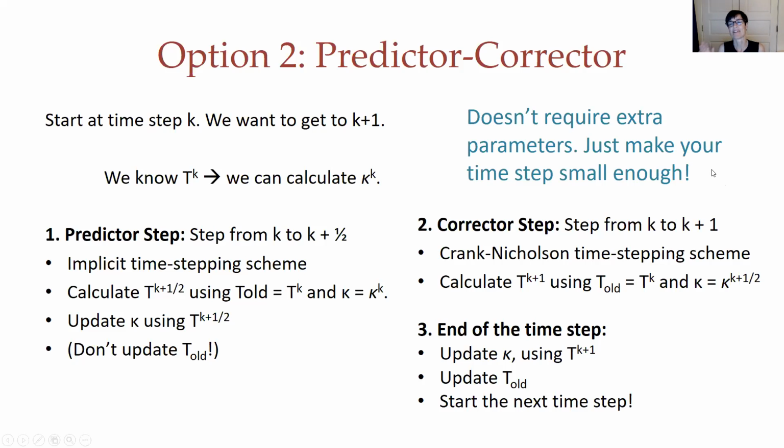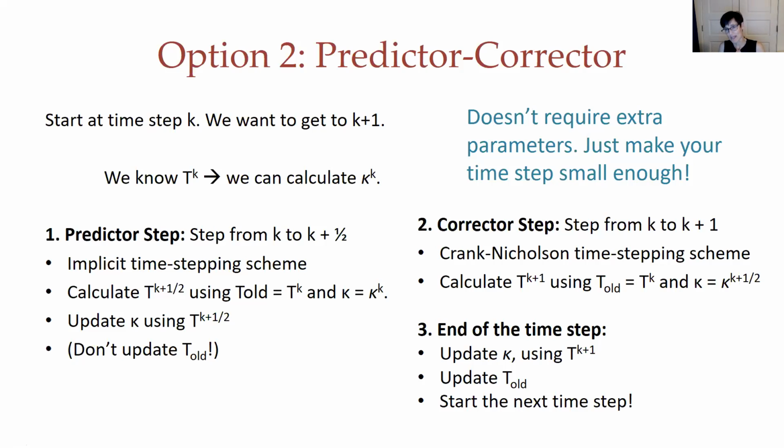Good thing I put this on here. The cool thing about predictor corrector is that it doesn't require a tolerance. It doesn't need a limit on the number of iterations. You may need slightly smaller time steps, but it's going to be more efficient than iterating very often. All right, you might have to do 4 iterations, but if you can do this in one predictor corrector step, that's only 2 solutions per step, as opposed to 4 iterations per step.